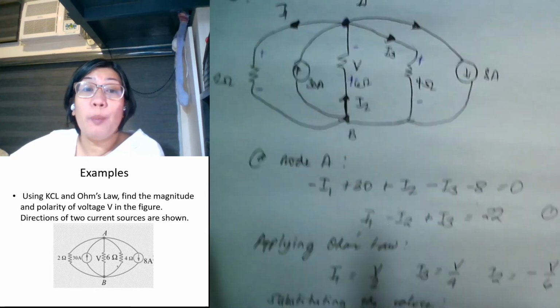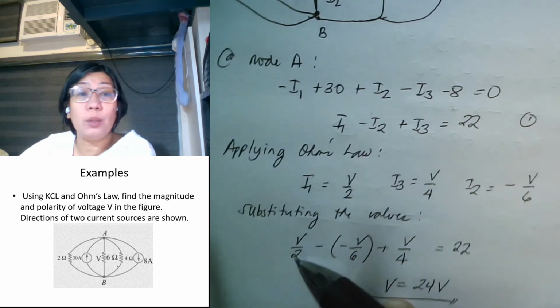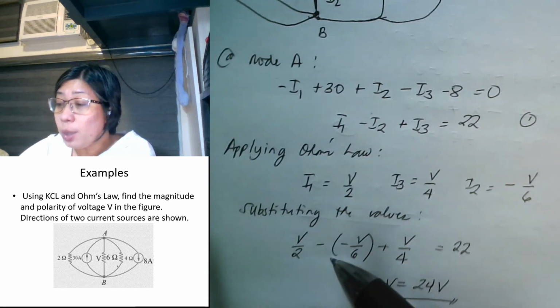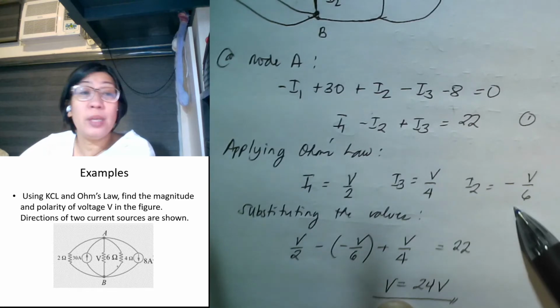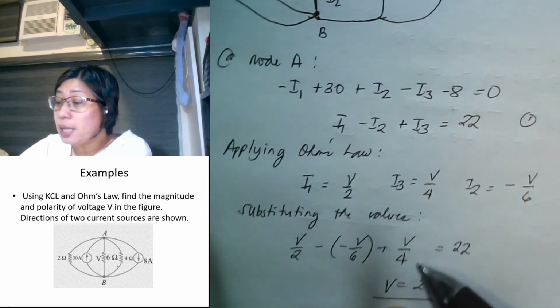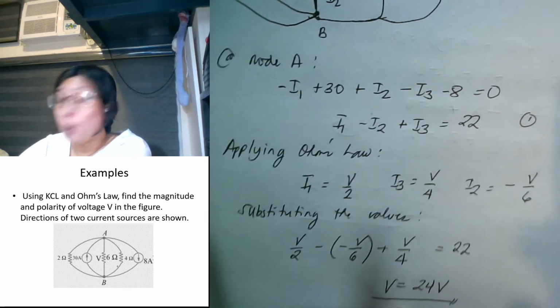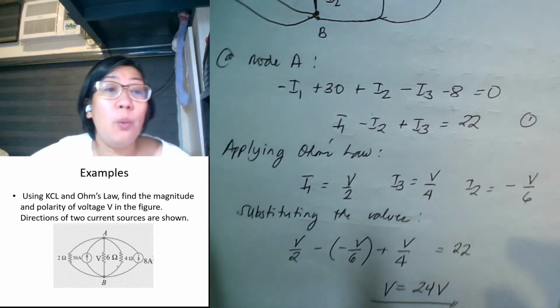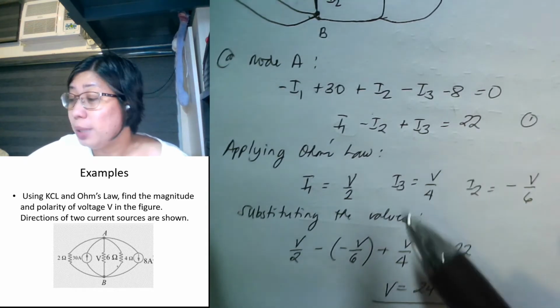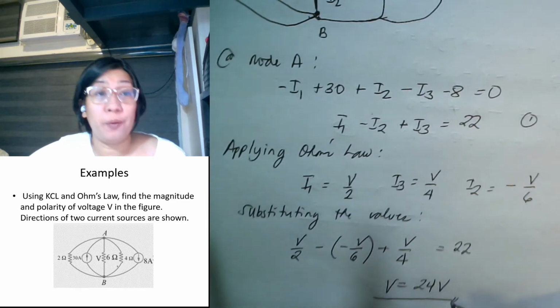Okay? So, by substituting the values now, I1 is equal to V over 2 minus I2, which is negative V over 6, plus I3, which is V over 4, that is equal to 22. Okay? So, I have now one unknown and my unknown is V, which is equivalent to 24 volts.